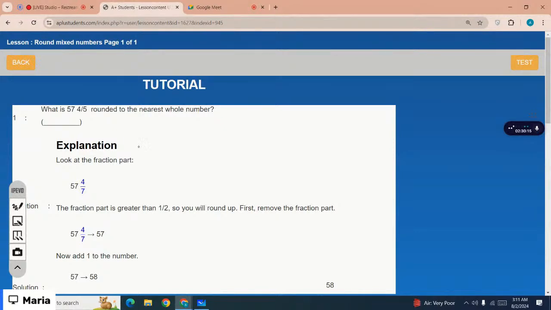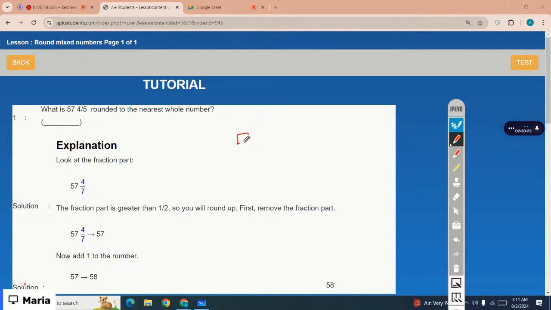Start with the first example: what is 57 whole 4 over 7 rounded to the nearest whole number? Because you need to round to the whole number, you have to look at the fractional part. The fractional part is 4 over 7.